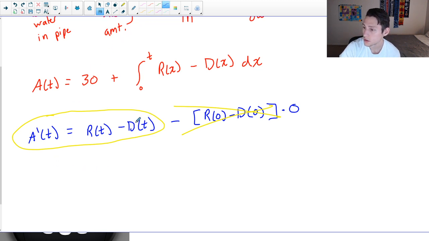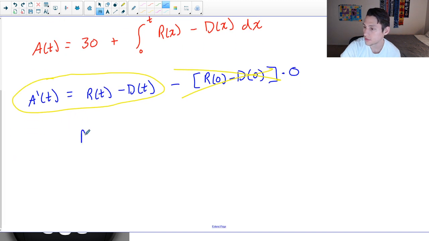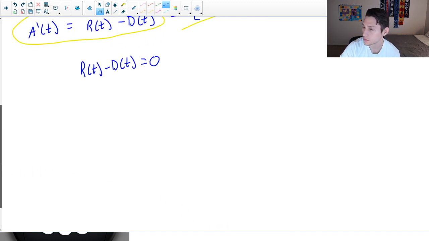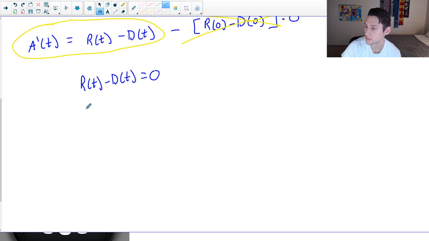Okay, so like always, to find a critical point, so after we take the derivative, what are we going to do with it? We're going to set it equal to 0. This is great.